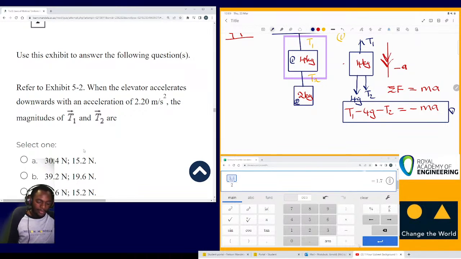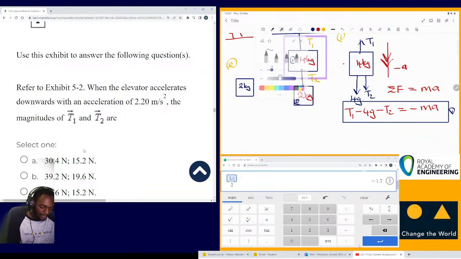Now let's put a sketch for situation 2, where we have the 2 kg mass. So this is our 2 kg mass. Let's identify now the forces that we have. So now we are dealing with the lower part. Let's identify the forces acting on that 2 kg mass.